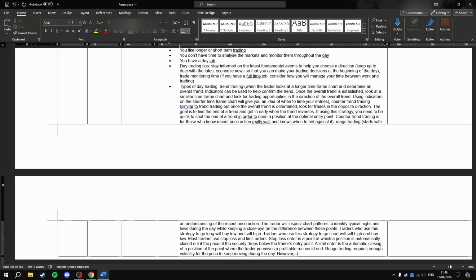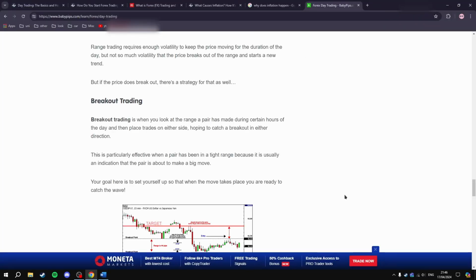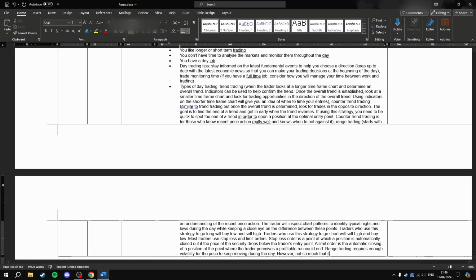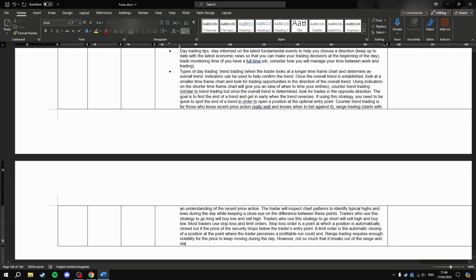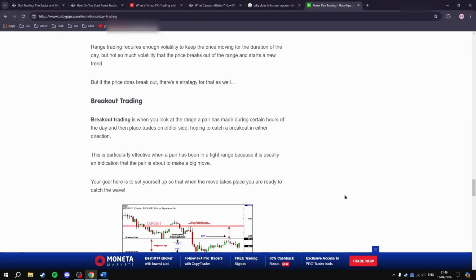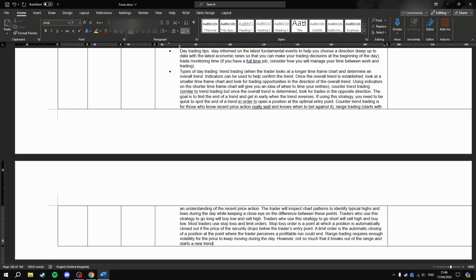However, not so much that it breaks out of the range and starts a new trend.